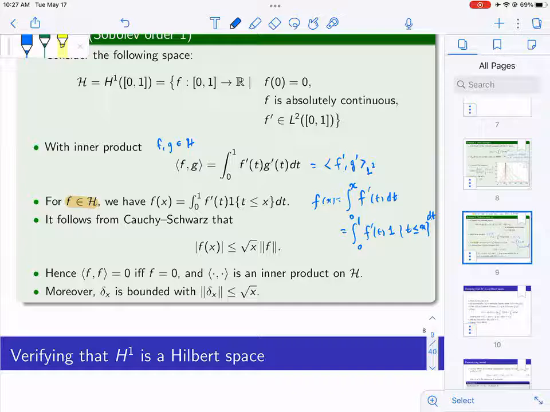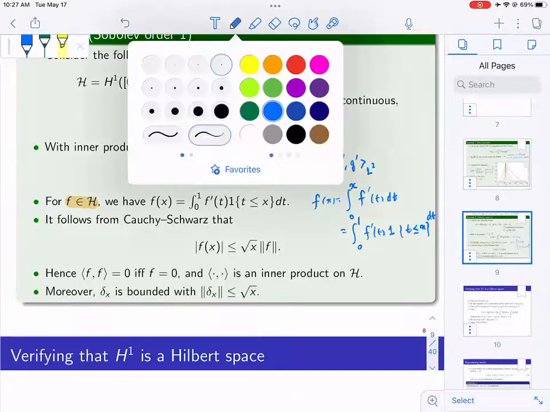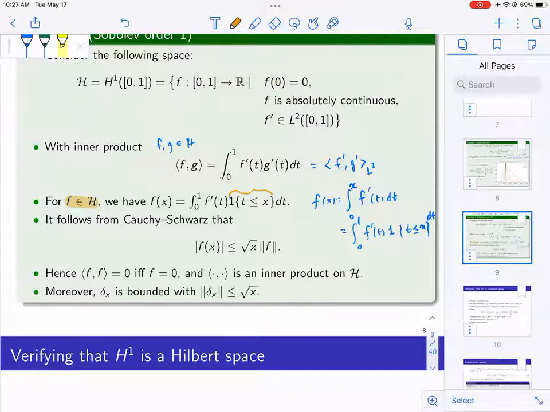Right. Then what we can do is call this the same thing that I wrote there. If I treat this as the derivative of another function, which depends on x but is a function of t, then this is really the L2 inner product of f prime and k prime.